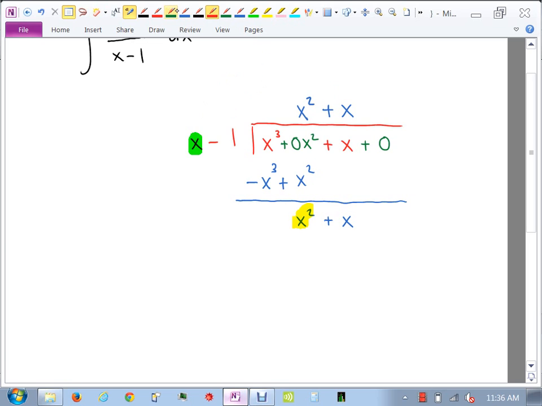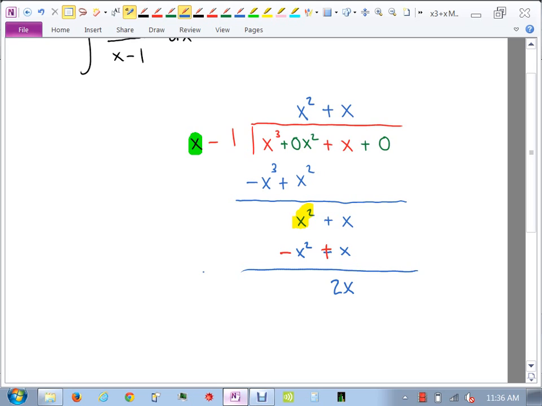So x times x is x squared, and x times negative 1 is negative x. Change the signs, minus and plus, and add down. What would you get? 2x.